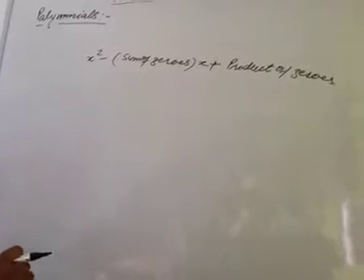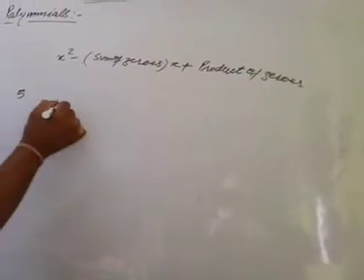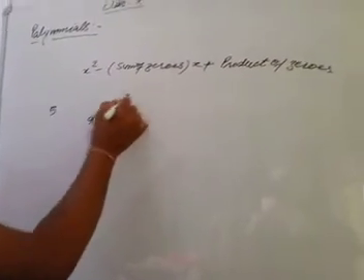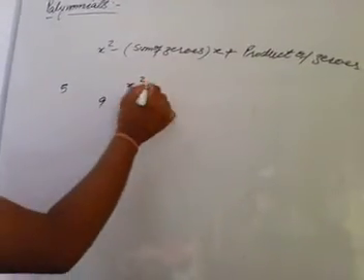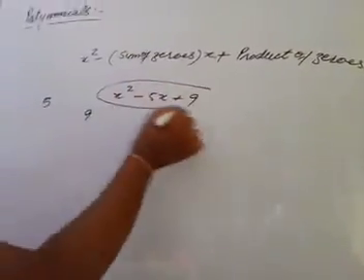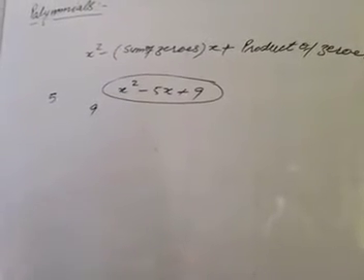Suppose they say the sum of zeros is 5 and the product is 9, then find the polynomial. So we will replace: x square, sum is 5, so minus 5x, plus product is 9. So x square minus 5x plus 9 will be the quadratic polynomial.